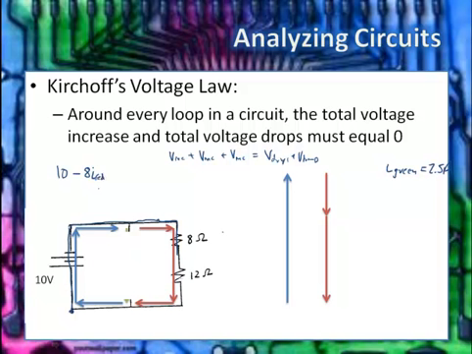And then I had to go down again through a 12 ohm resistor. So I'd write another minus 12 I red. And that's it. Now I'm back to where I started from, so I can write equals 0. And this equation is also a pretty nice one because it only has one variable. If I combine those, I get negative 20 is what we call the effective resistance of these two things.